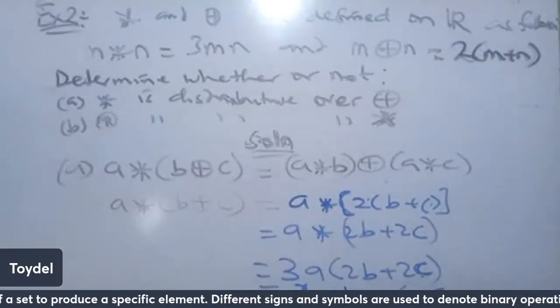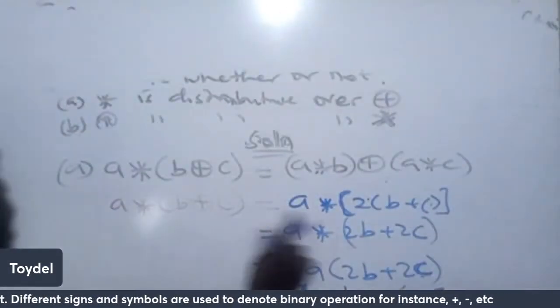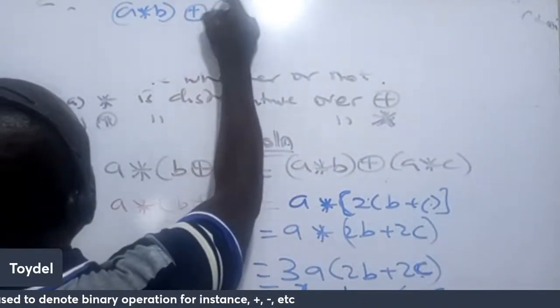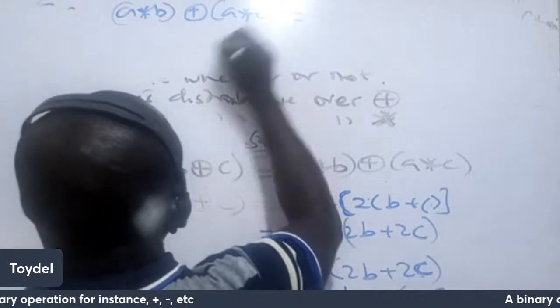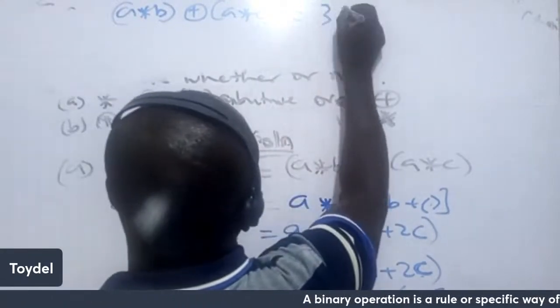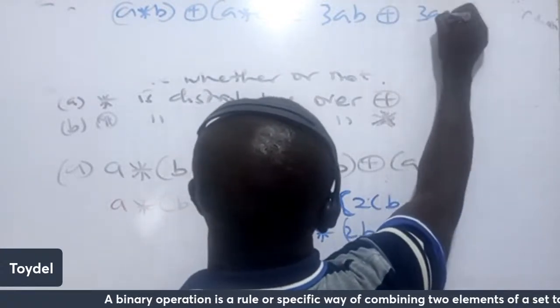So let me go to the right hand side. So what do I get if I apply the right hand side? At the right hand side, I have A asterisk B plus A asterisk C. So if I do that, what do I get? A asterisk B is given as what? That will be 3AB, then plus 3AC.